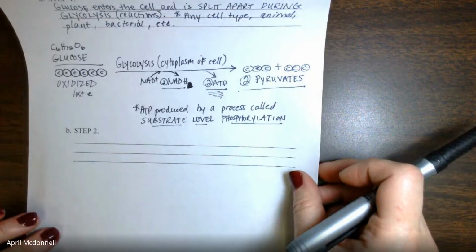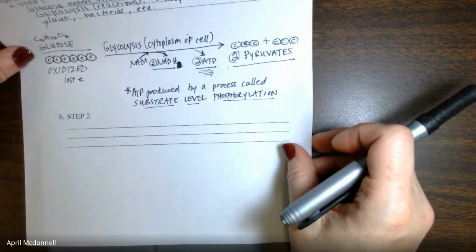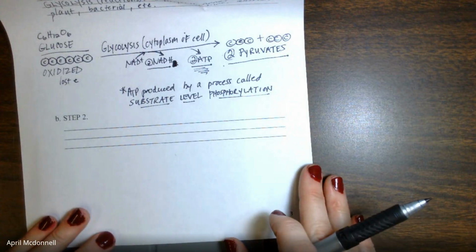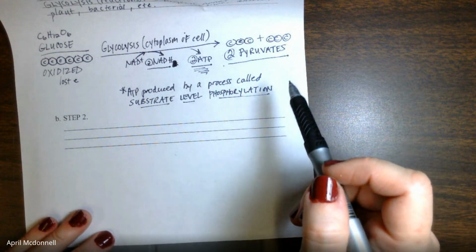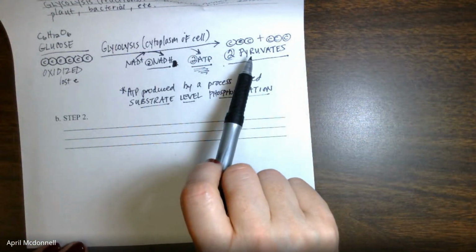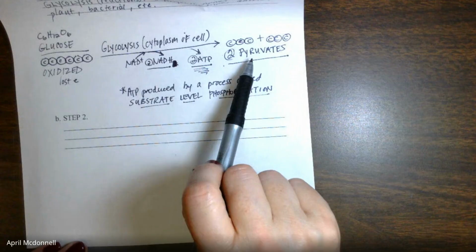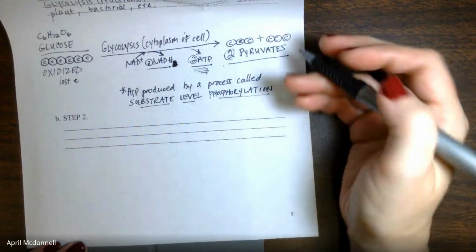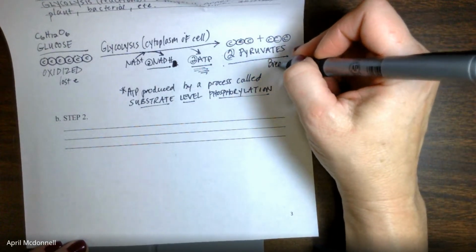Let's proceed to step 2 of the process. Step 2 is where we pick up where we ended off here. So we ended with two pyruvates. We still want to break these down.